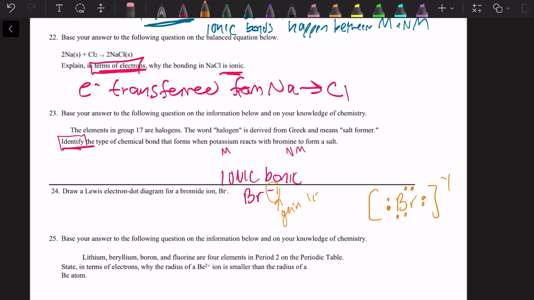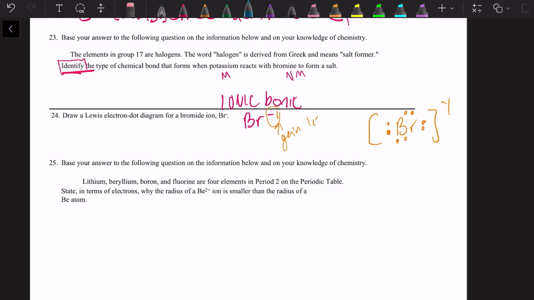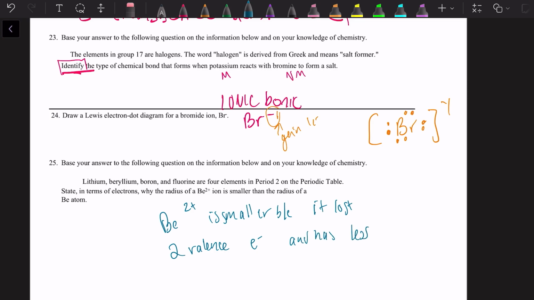And that is it. And then our last question, it says state in terms of electrons why the radius of the Be2+ ion is smaller than the radius of the Be atom. So Be2+ is smaller because it lost 2 valence electrons and has fewer electron shells.